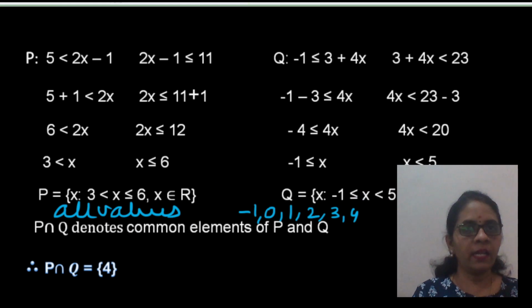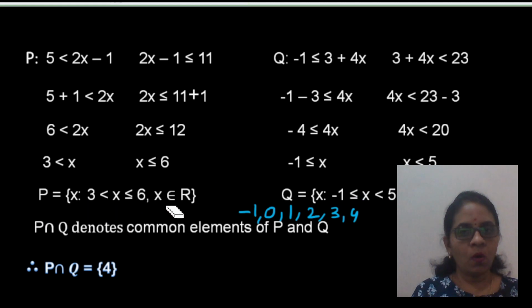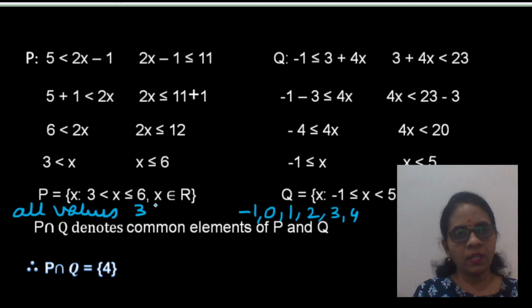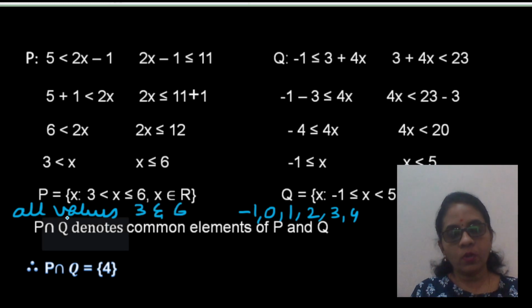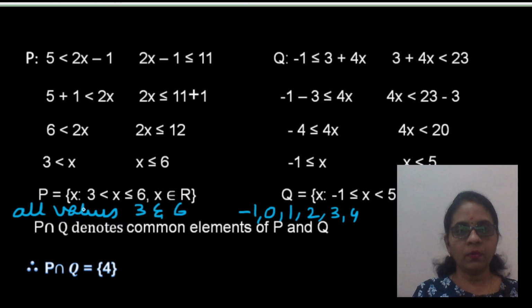Now let me rewrite this for you again. All values between 3 and 6. 3 is not included, 6 is included.